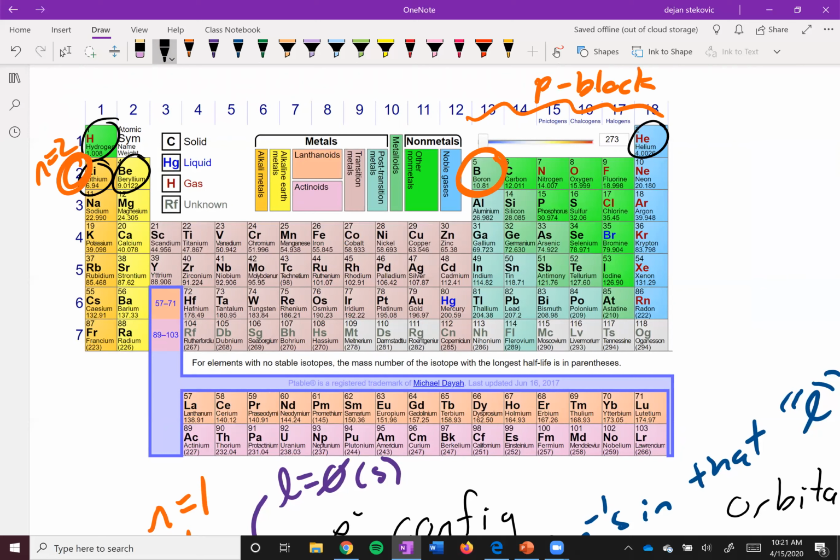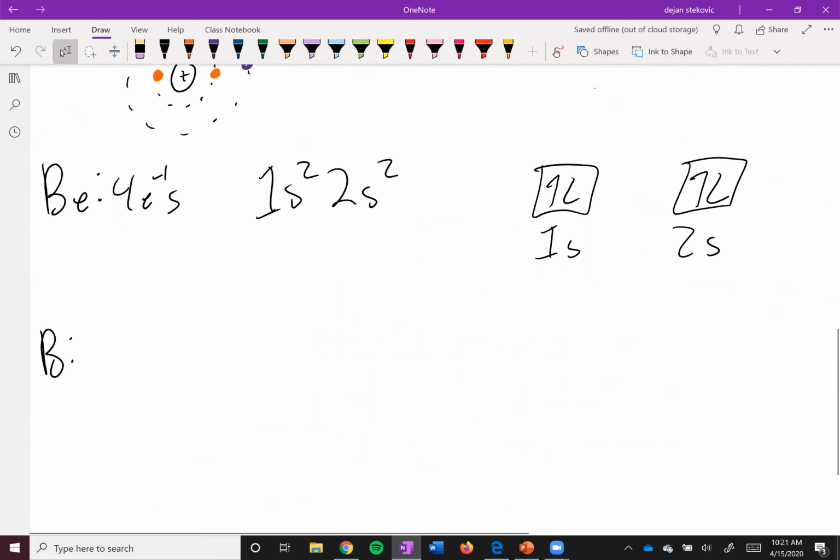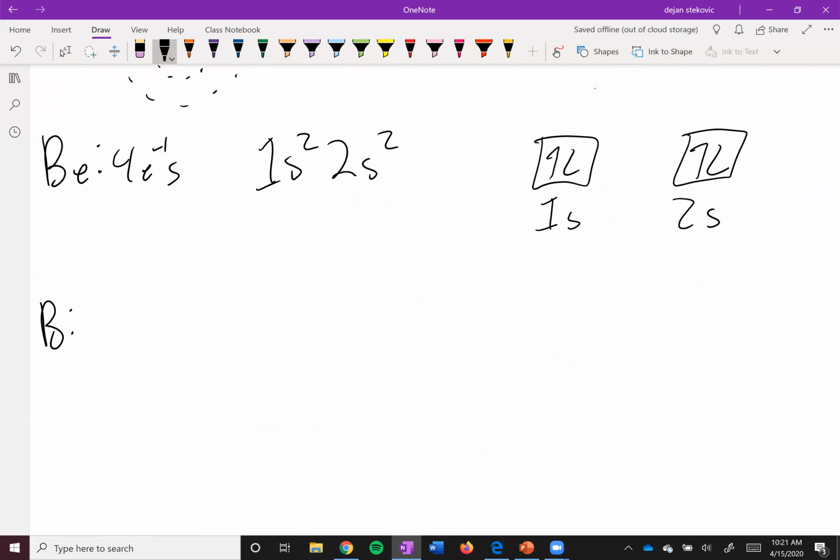So this would then be 2p. And how many electrons are here? Just 1. So 2p1. So the electron configuration for boron is 1s2, 2s2, 2p1. So let's see how we're going to draw the orbital diagram for that.